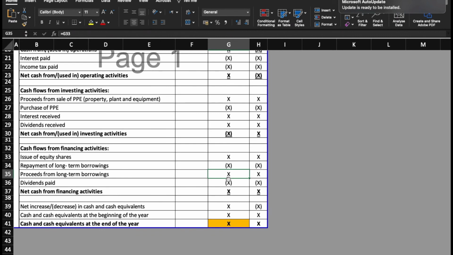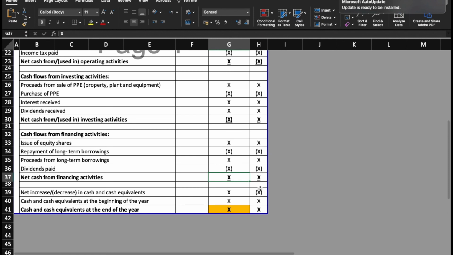Then lastly, if we paid any dividends, we need to deduct that amount because it is cash out. So then we will reach the point of net cash from or used in financing activities.